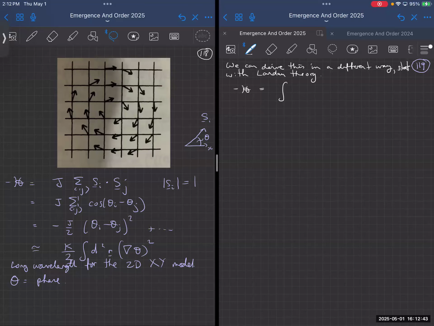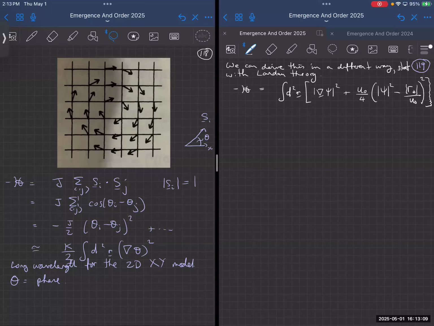It's the integral d2r, and then I'm going to write it in this way. So grad psi squared plus u_0 over 4 times (mod psi squared minus r_0 over u_0) squared.